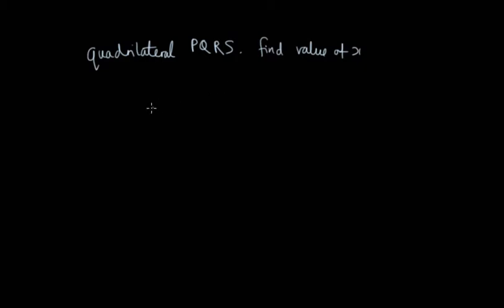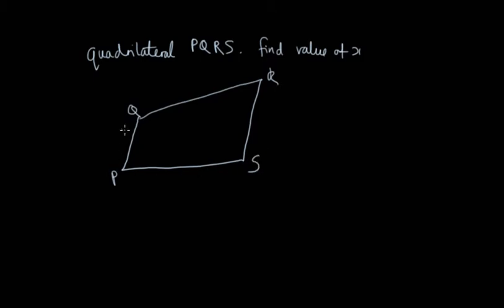So let's think of quadrilateral PQRS, and we're going to find the value of x. So we've got P, no it's not a P, that's an R, P, Q, R, S, and we've got this angle is 78 degrees.